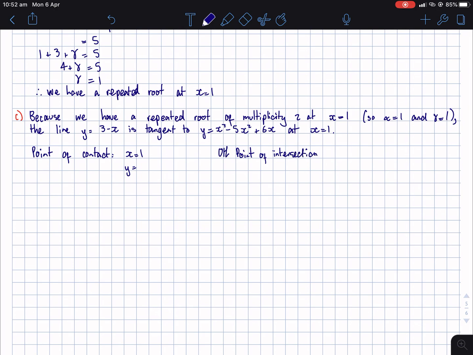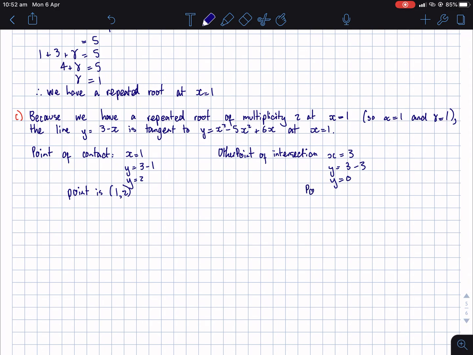So other point of intersection, which is where x equals the other one, which was 3. We want to know y equals. So the easiest way to do this is to chuck it into y equals 3 take x. So y is 2, so the point is 1, 2.